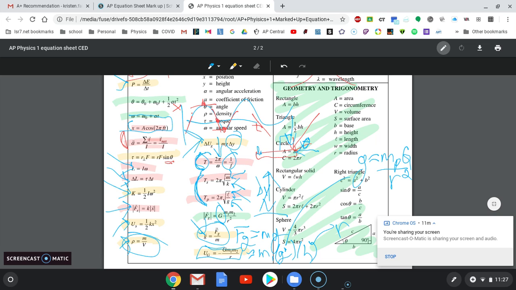It essentially reduces down to that. We didn't do that in class, but it essentially is mgh, utilizing the universal gravitational constant to rewrite that. So this is going to be potential energy of a satellite, okay? Way off the planet, versus the surface of the Earth, it's going to have a different g value, and so on.